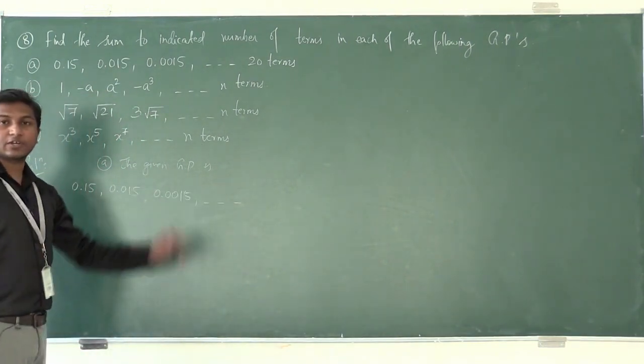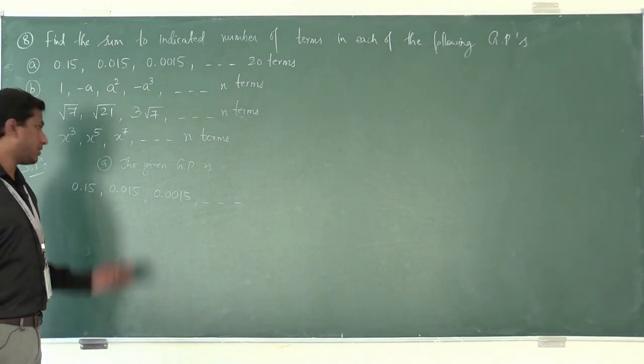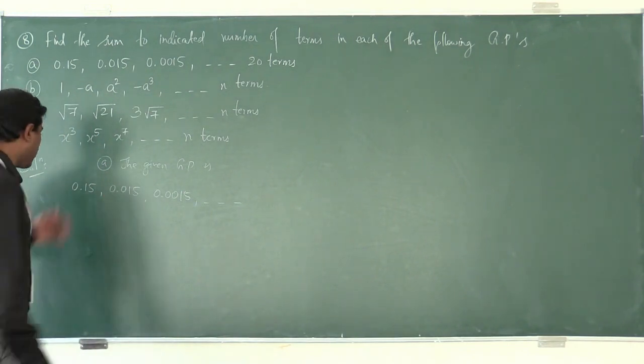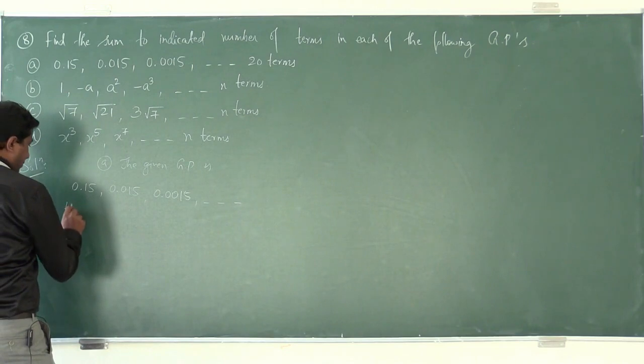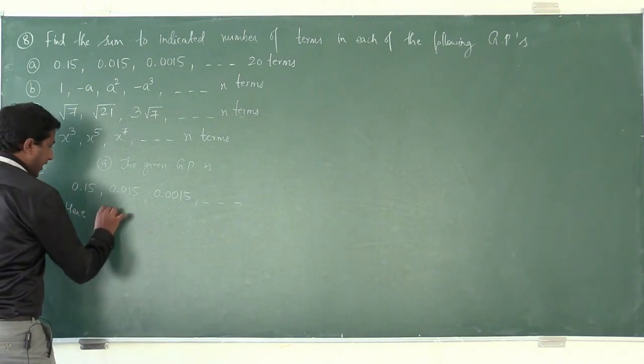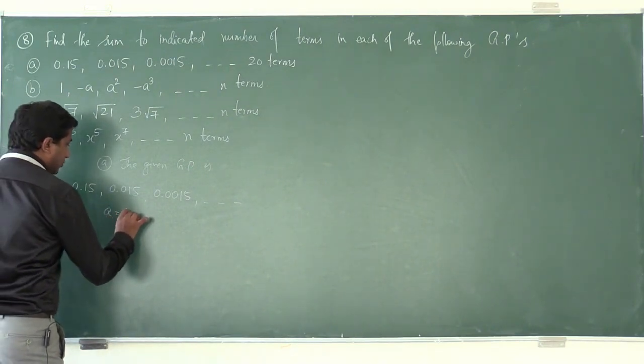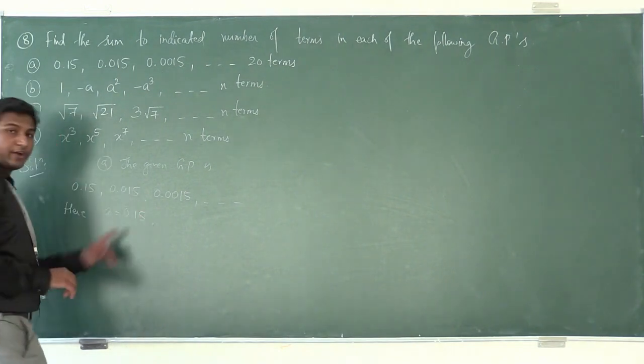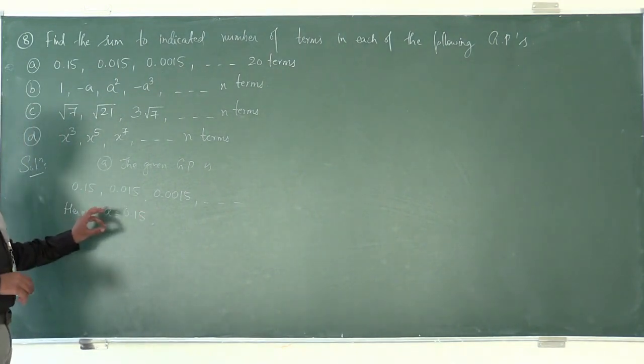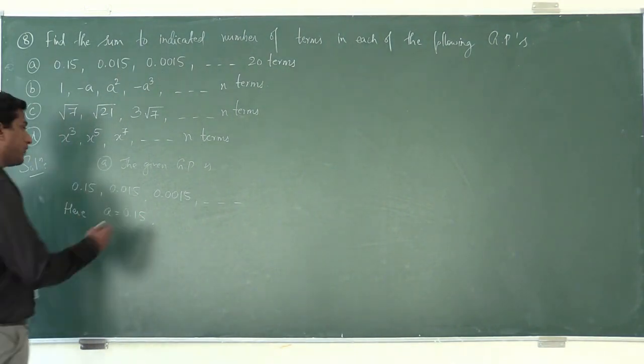So the first 3 terms of this GP are given. What is the first term? So here first term A is 0.15.